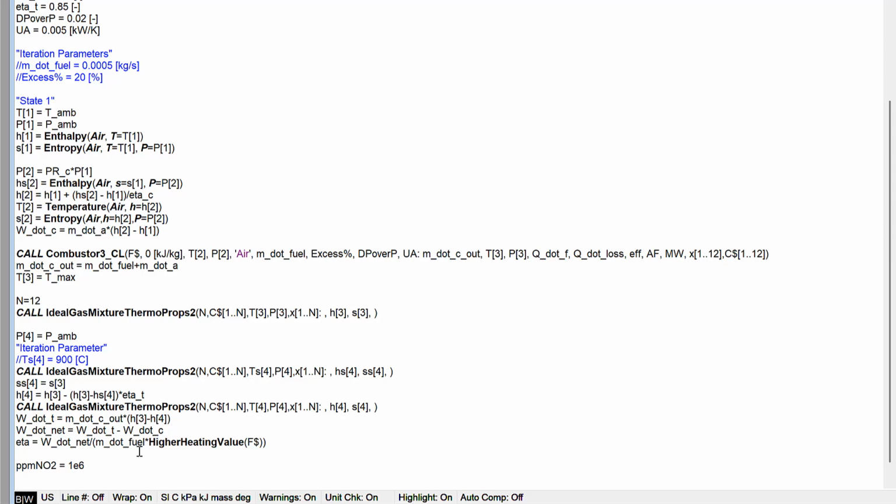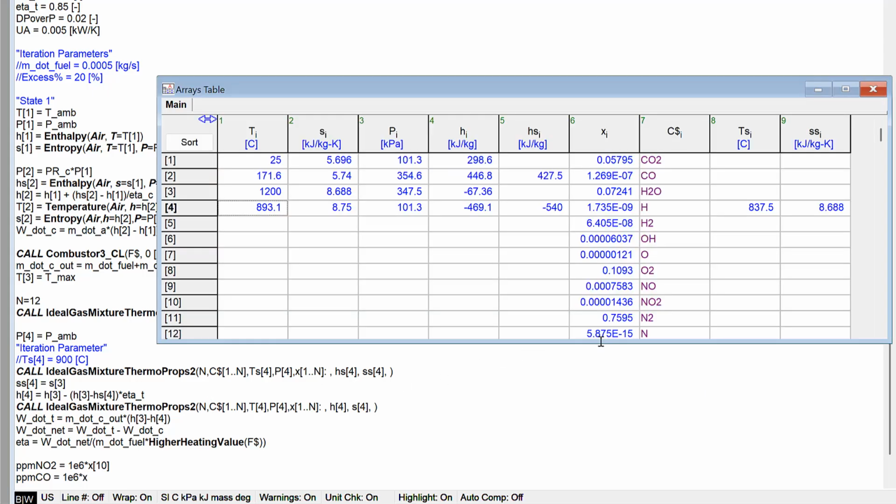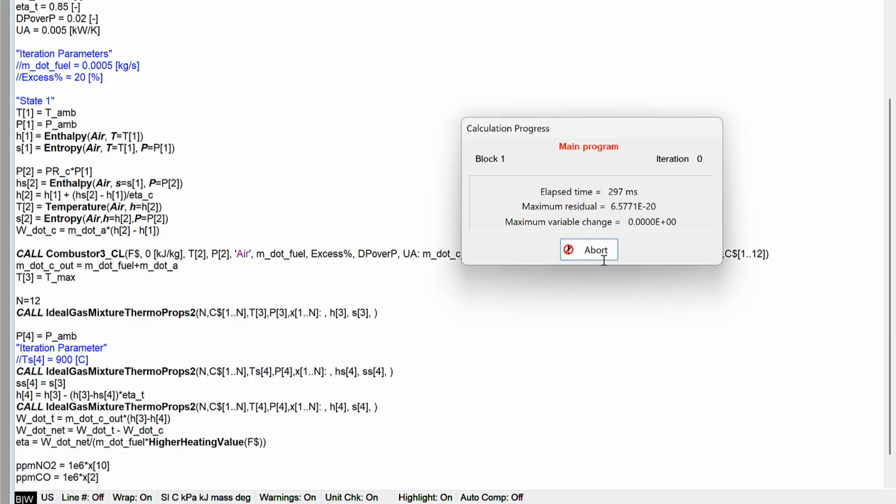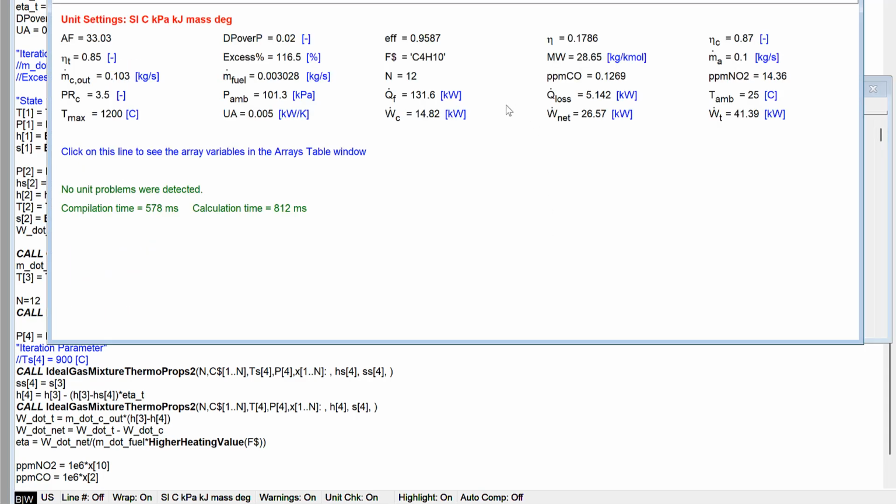And the parts per million of carbon monoxide, maybe that's something to worry about, is 1E6 times x2, since it's the second one. If we solve, you can figure out that you have less than 1 part per million of CO, but 14 parts per million of NO2.